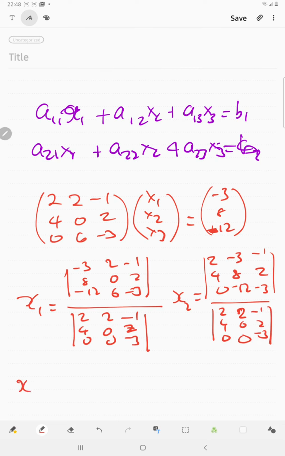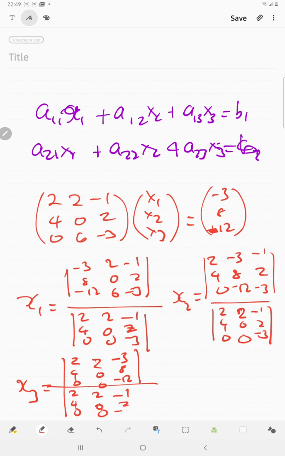And then for x3, you take 2, 4, 0, 2, 0, 6, and then on the other part you take -3, 8, -12, and then the same determinant 2, 4, 0, 2, 0, 0, -1, 2, -3.